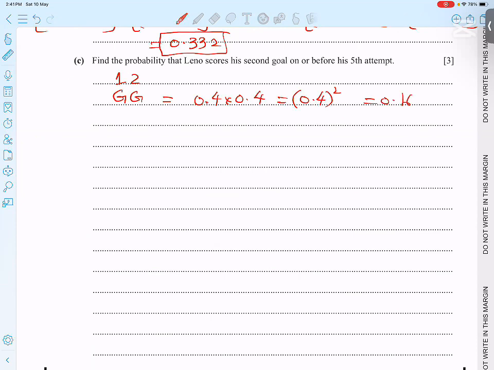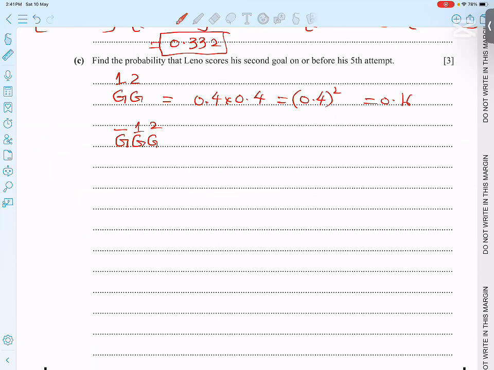Now it is happening in the next situation. It happened on or before the third attempt. Okay, so let's talk about just goal, not goal, goal. But for your knowledge, I give you an idea. Maybe you understand, inshallah, we have 2 possibilities.